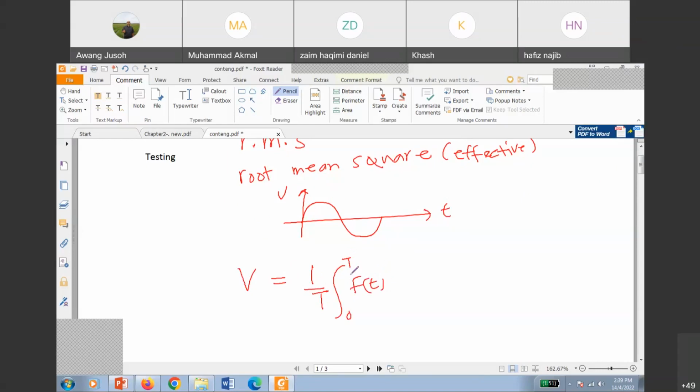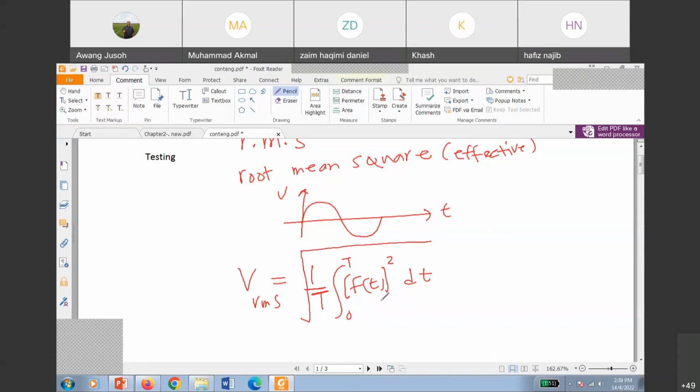This must be squared. This is the meaning of RMS. So V RMS, you need to integrate, and after that you take the square root, like that.